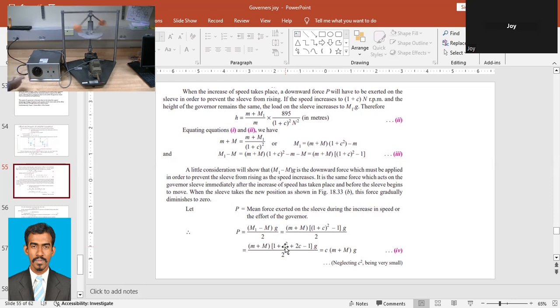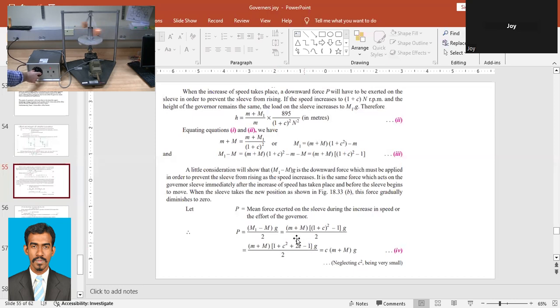Even if we assume it is a 10% change, which means 0.1, then the square of it, c square, is 0.1 squared, that is 0.01. So when you consider these big terms, 0.01 is a small term which you can neglect. That's why we neglect this c square.